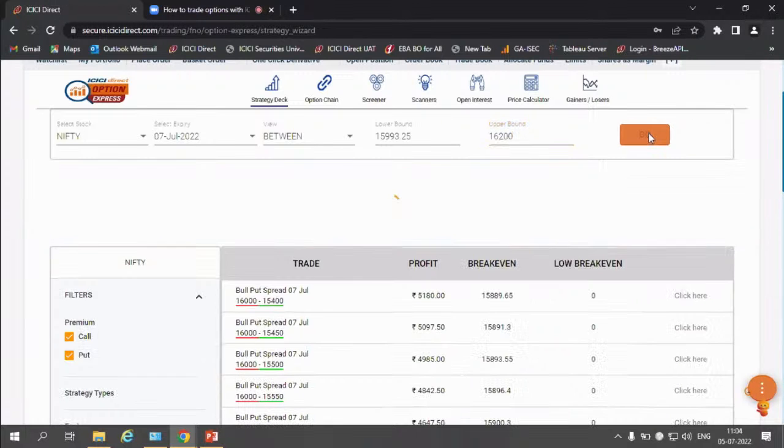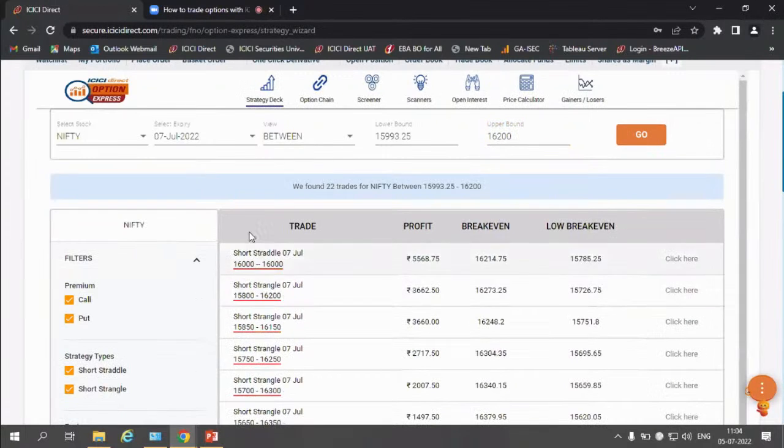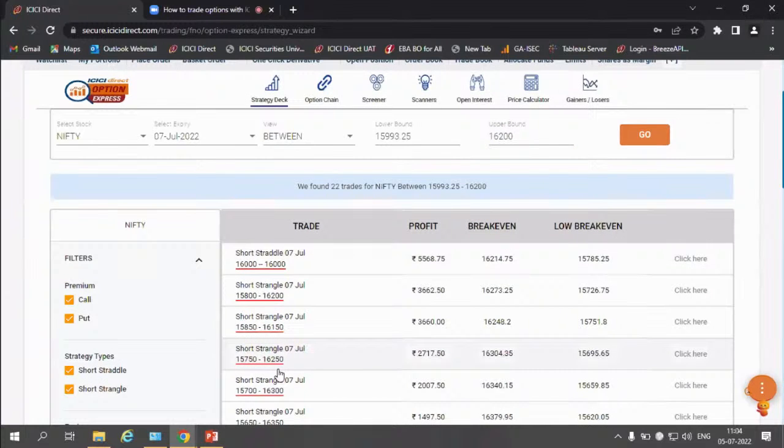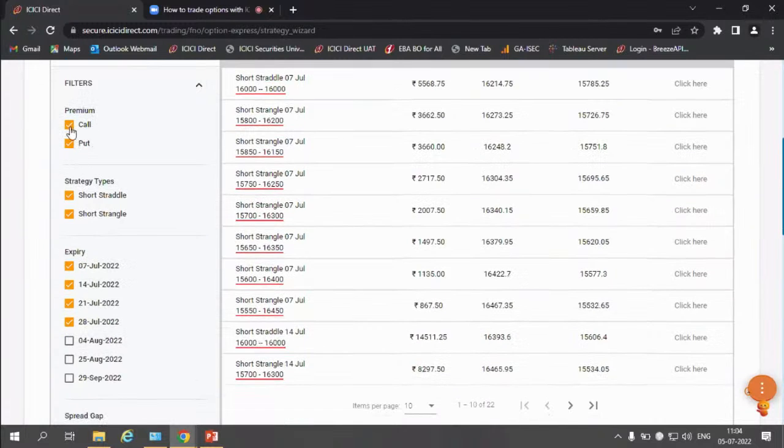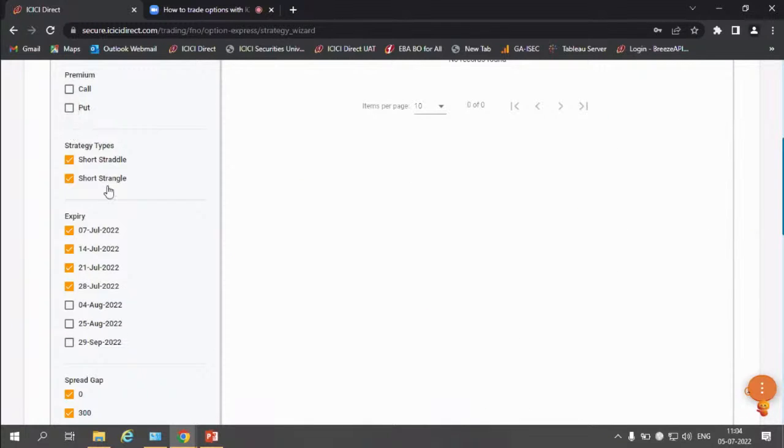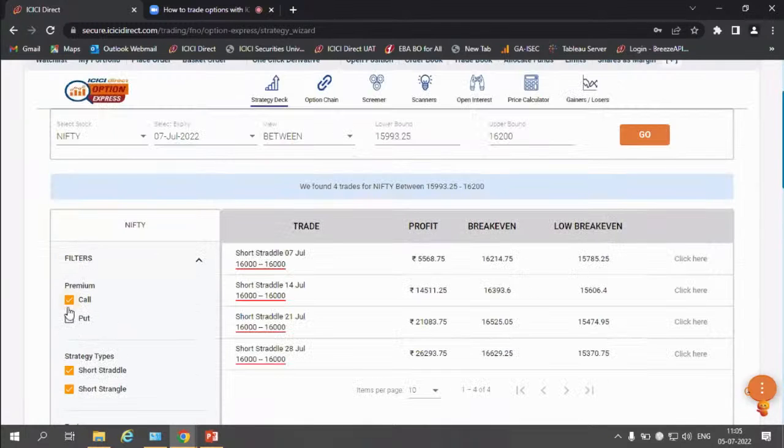All you need to do is click on it, and then it will throw up the strategies based on that. The strategies it has given you are short straddle and short strangle. And if you want to just go with the call, I mean, short straddle and short strangle are going to have call and put both.